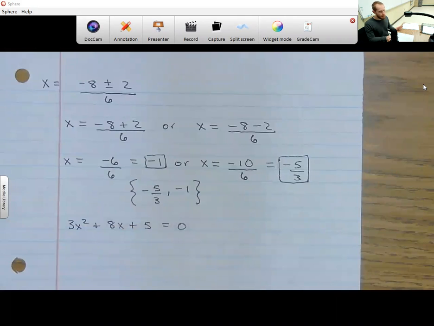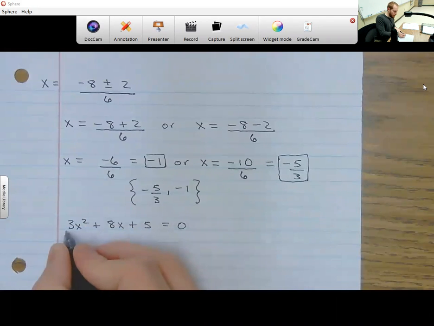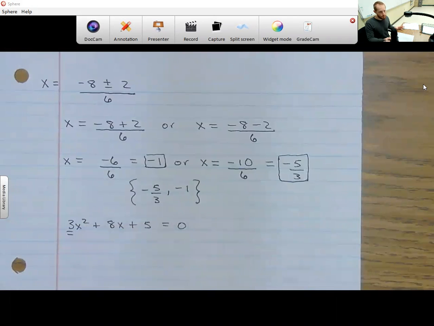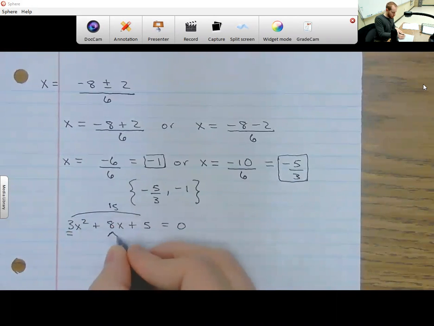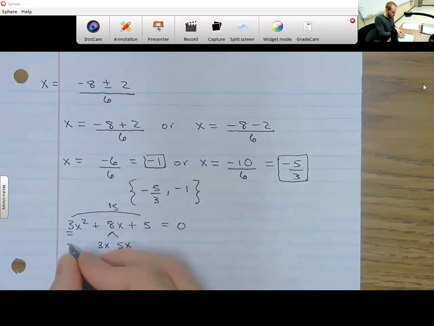And we can factor this without using the quadratic formula, but because of this 3 out in front, you would have had to use the rainbow method or the CAB or whatever you learned in Algebra 1. And you could factor this quite easily. This would break up into 3x and 5x. And then you would bring down the 3x squared and the 5, start grouping.